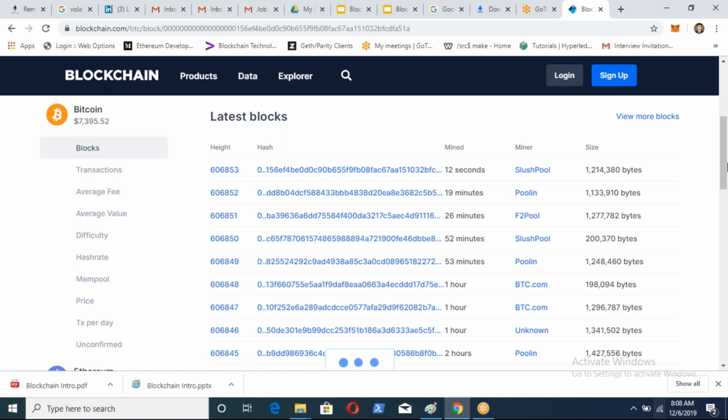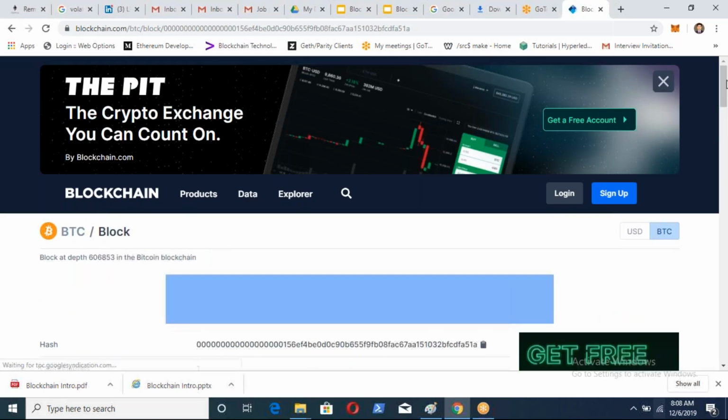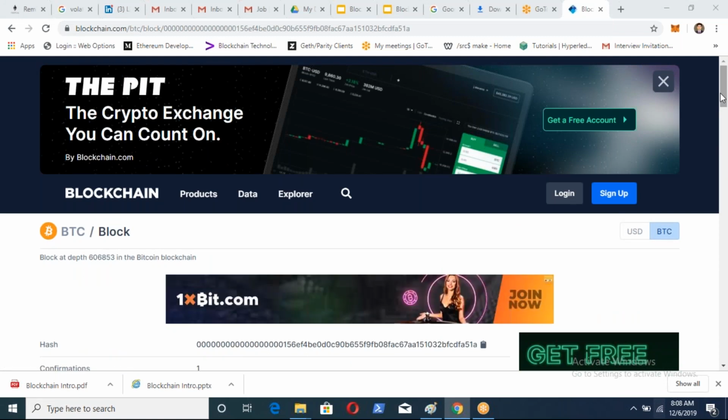That is the reason nowadays some people combine and pool their resources, and they do mining together.